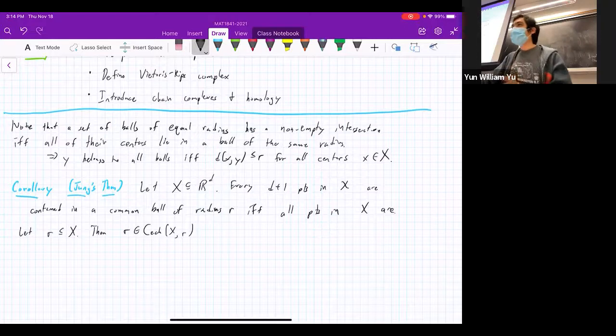Yeah, so remember that the cover that we're using for the Cech complex is, for each of your points in X, you're drawing a ball around it, right? But then when you're looking at the nerve of that, which is your Cech complex, you have a simplex precisely if those balls intersect mutually. But because the sets that we're using for the cover are just balls around each of our points, we can identify those balls with the points themselves.